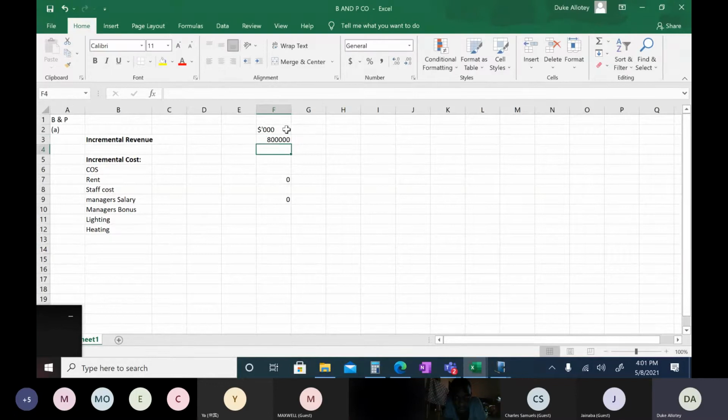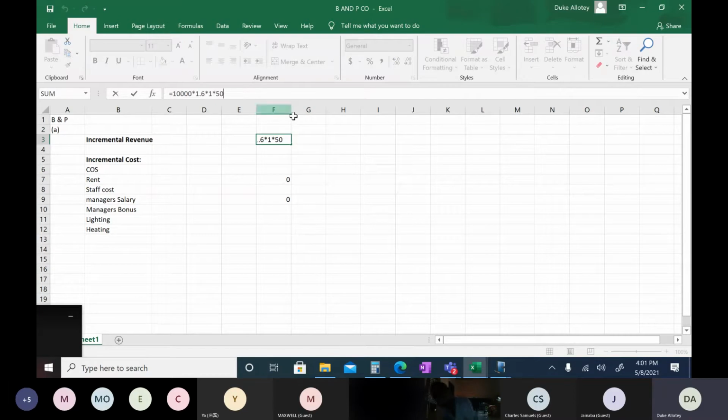The marking team will then hit on this 800,000 and come in this window to see the makeup of it. So when they see it here, they must be able to work it out there.